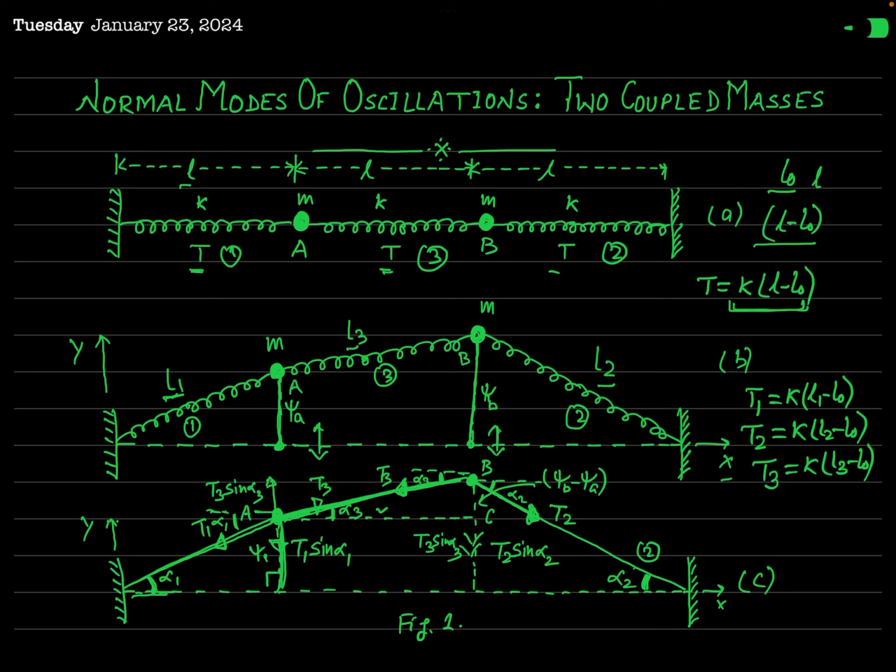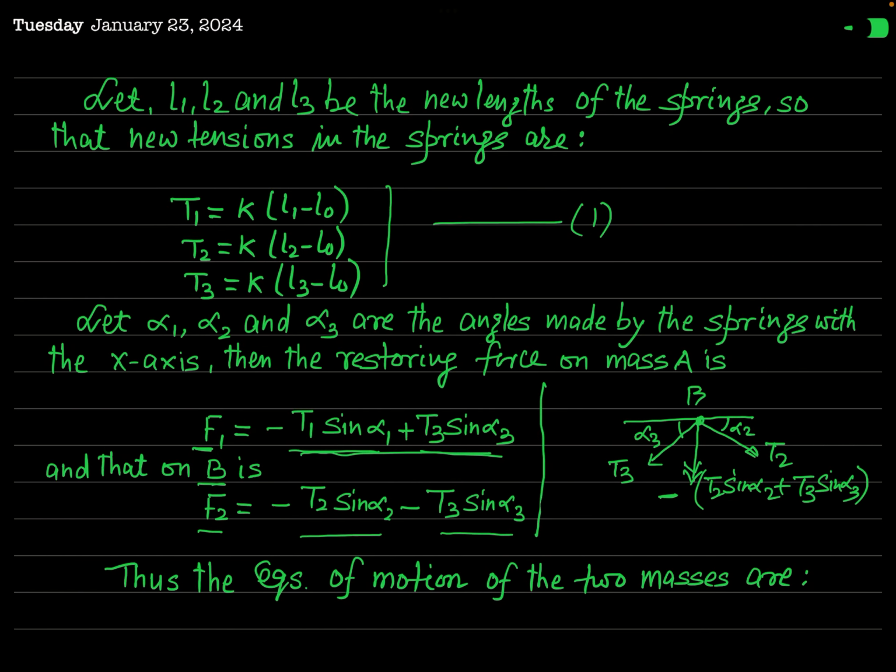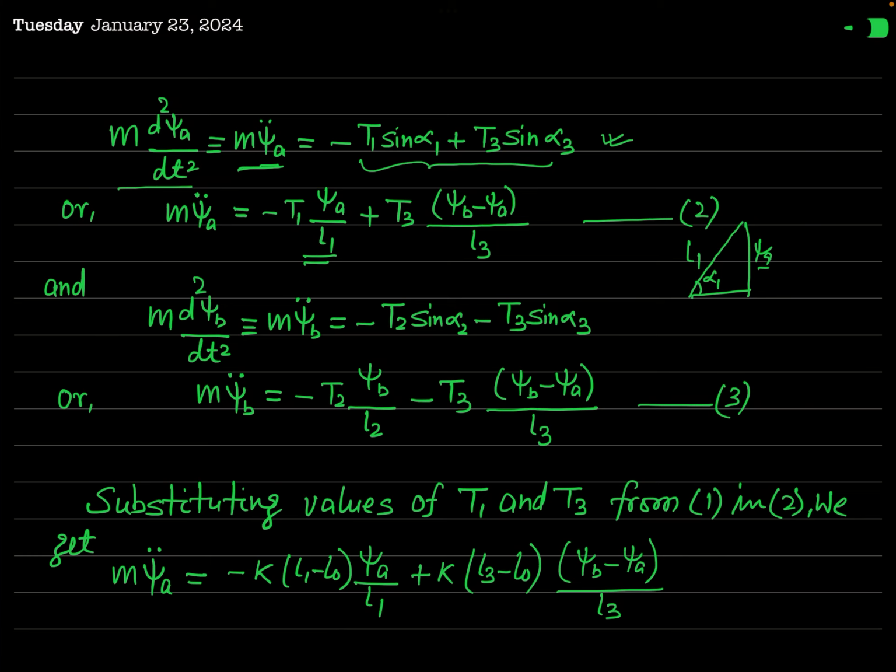And this BC you can see, since the displacement of mass B is psi B and that of A is psi A, if you take this point as D, then BD will be psi B and CD will be psi A. So BC will be psi B minus psi A. Okay, BC will be psi B minus psi A. You can see this is the situation.